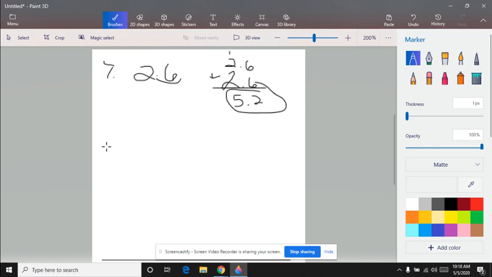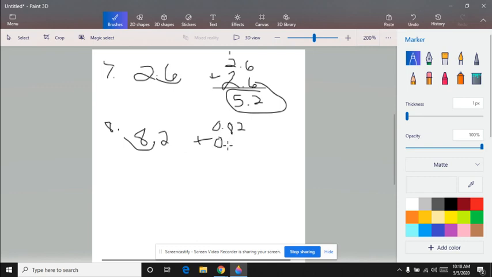Okay, and then one more, number 8 is 8.2. 10% of it, I bring it one over. So 10% is 0.82. And now I'm going to double that to make it 20%.